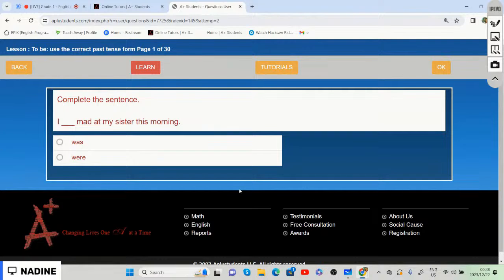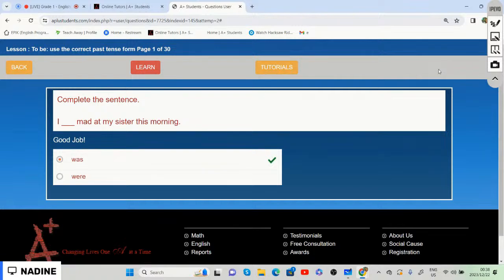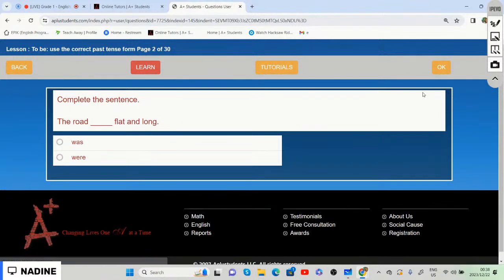If we complete the sentence, we can say I was mad at my sister this morning, because was refers to one person, animal, place, or thing. So was is correct.